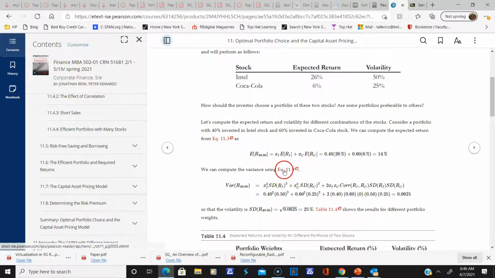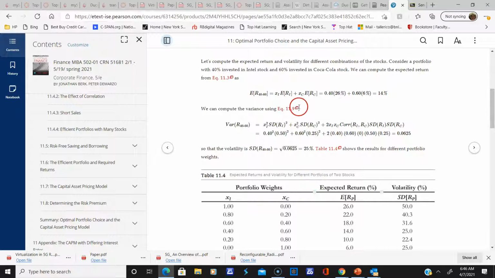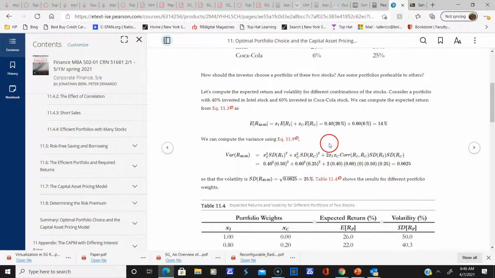Now let's compute the variance. We saw the variance from equation 11.9. Notice in the variance now you need the correlation, so you have to calculate the correlation, and that will give you the variance of the portfolio.